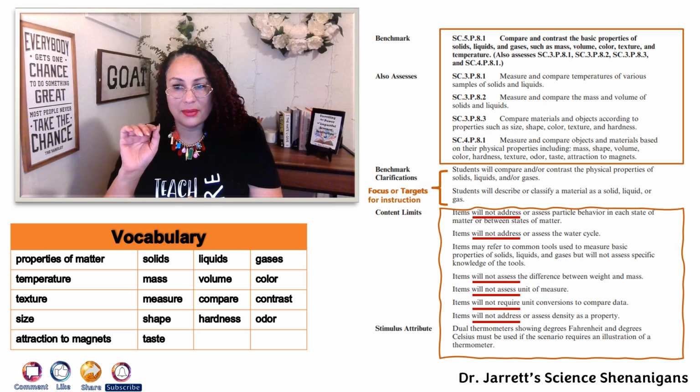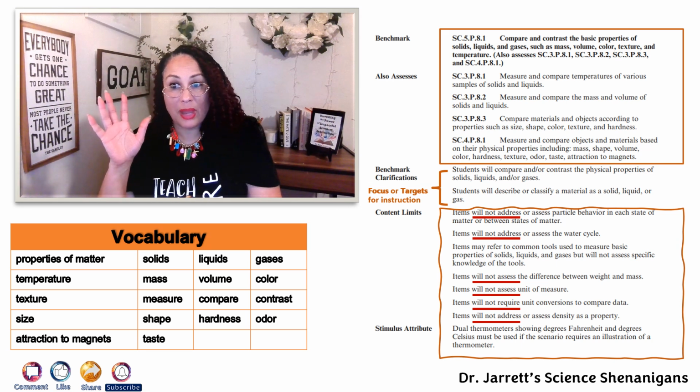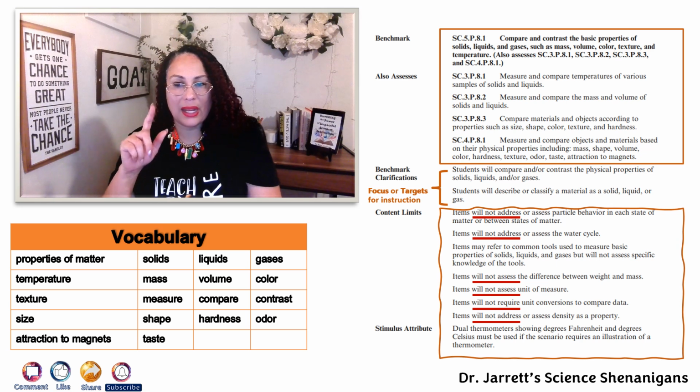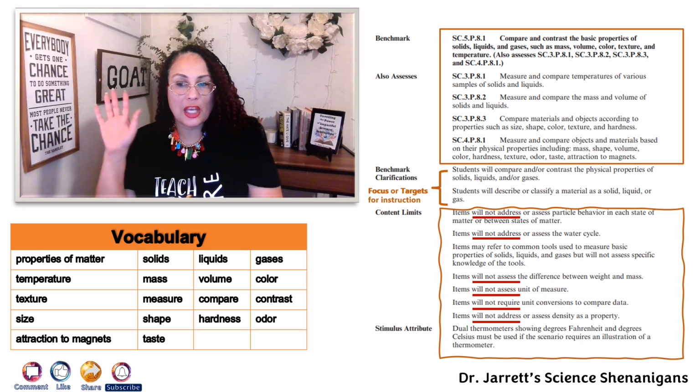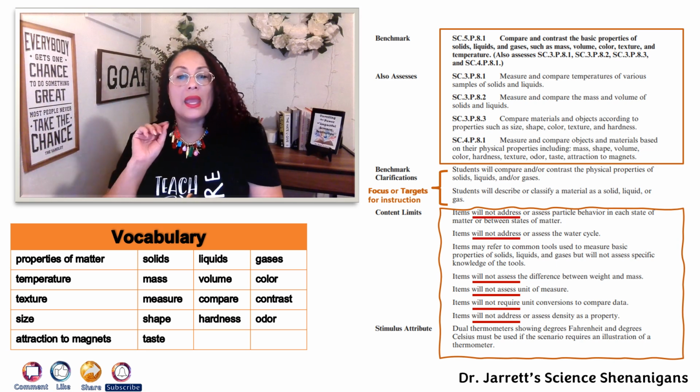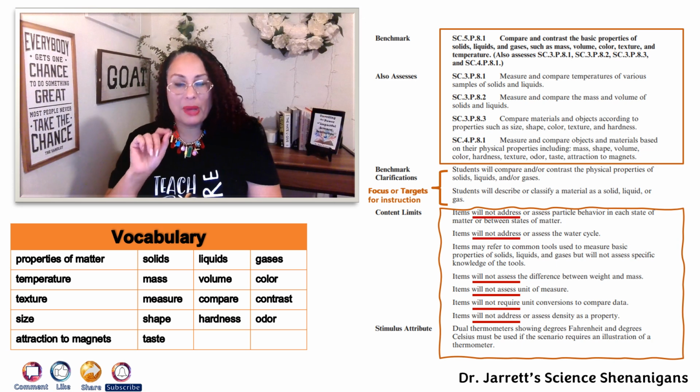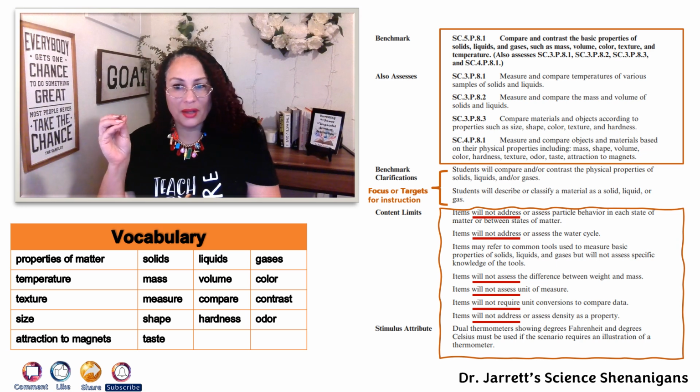It is a bunch of properties of matter. So it's not just solid, liquid, and gas. It is how are you comparing and contrasting the basic properties, including all of them, including 3P8.3 and 4P8.1. We got to include all of that too.